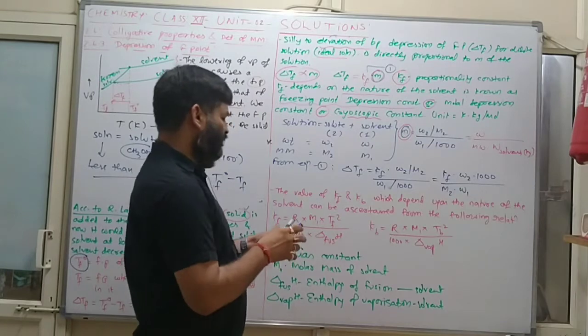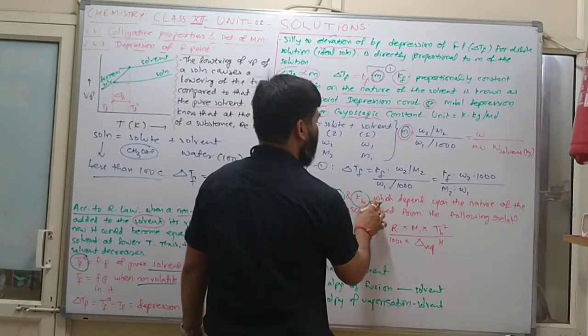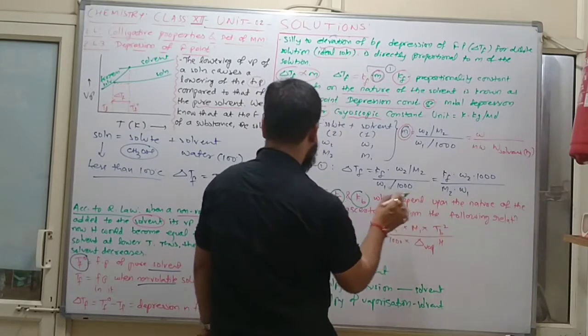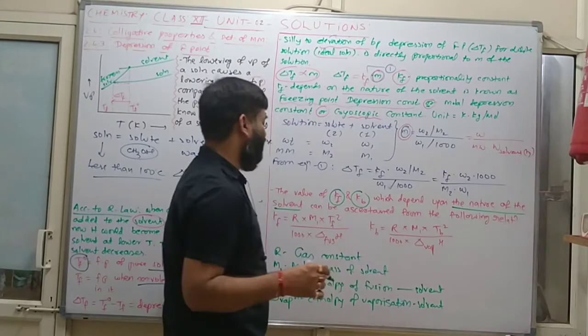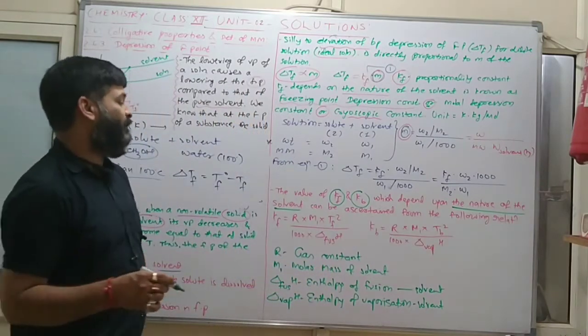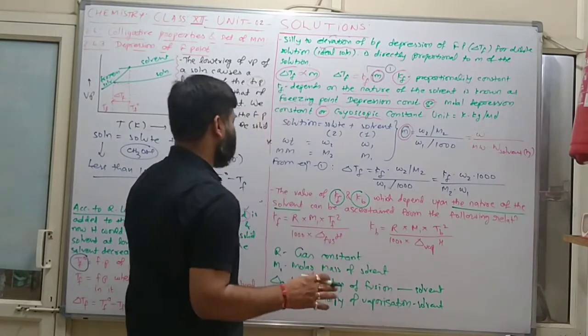Now the values of Kf and Kb, which depend upon the nature of solvent, can be ascertained from the following relations.